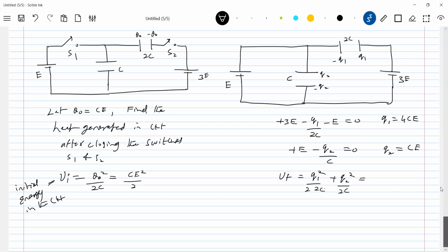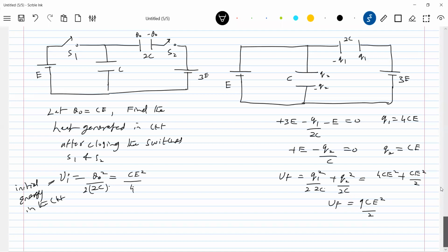Okay, so 2 into, this will be 4. This will be Q1 equal to 4CE, no? 16 by 4, so this will become 4C E square. Q2 is CE, this will be C E square by 2. Total 9 C E square by 2.